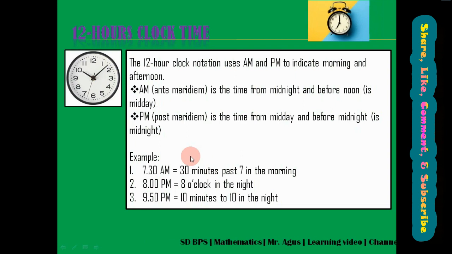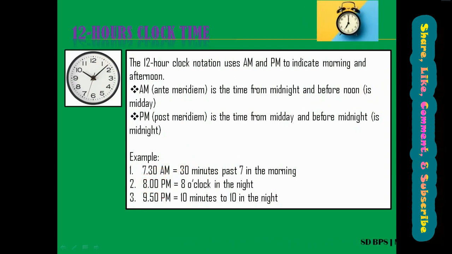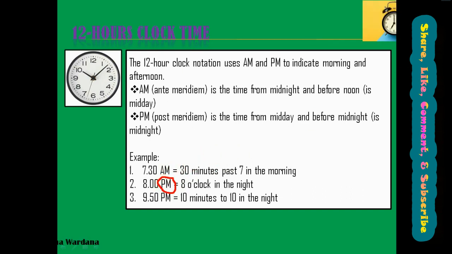Okay, the next example, we have 8 o'clock PM. Look at the symbol after the number. We have PM here. So the meaning of PM is post meridiem. The symbol of PM means this time is already past 12 o'clock in the afternoon.